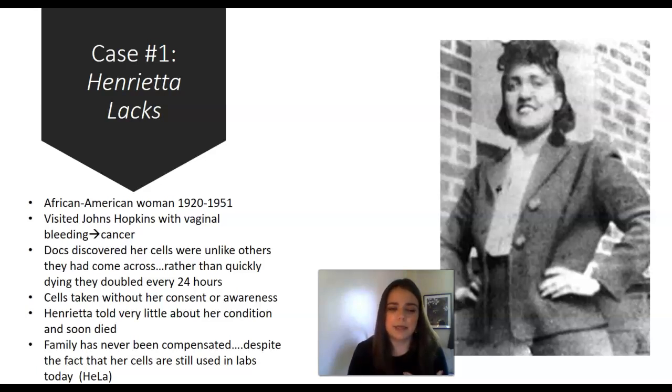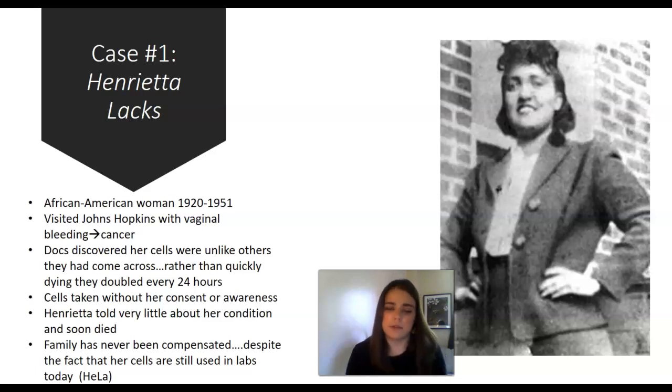But the problem here is that these cells were taken from Henrietta without her consent and without her awareness, okay? To add insult to injury, Henrietta was told very little about her cancer and soon died, really, we now understand, from neglect, right?